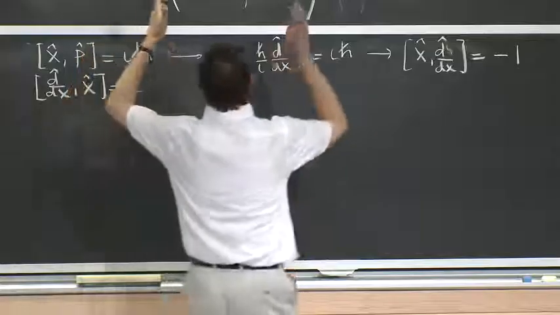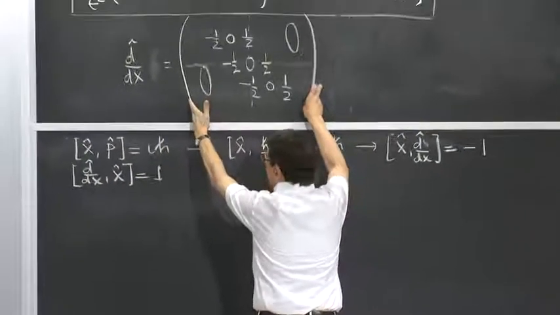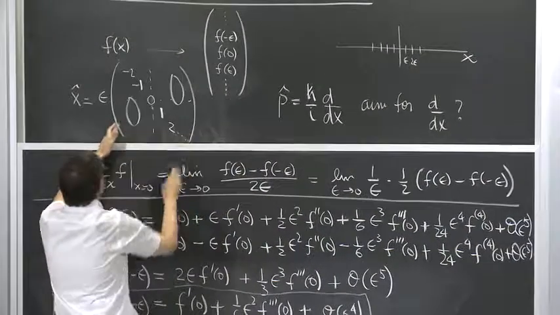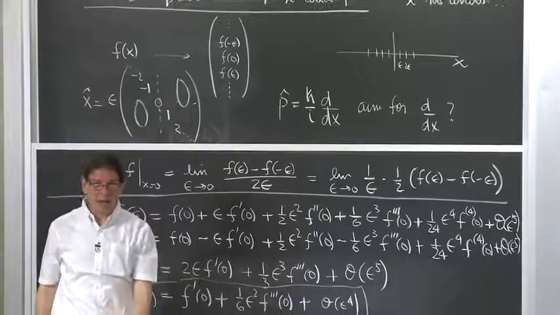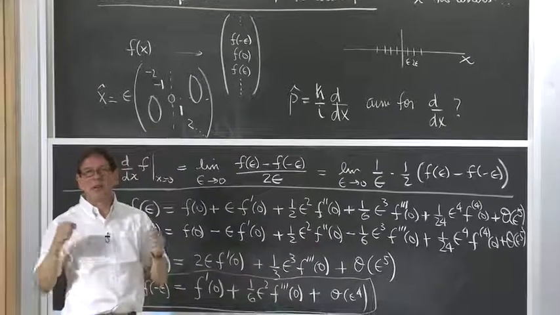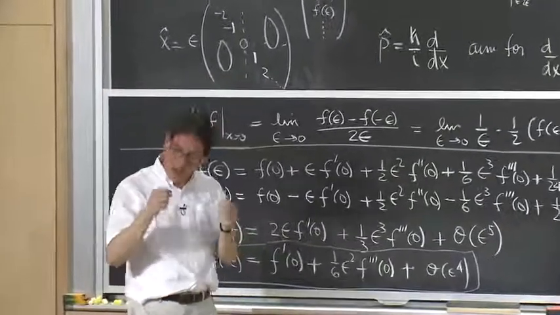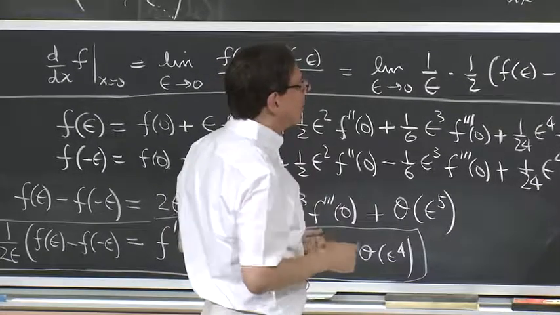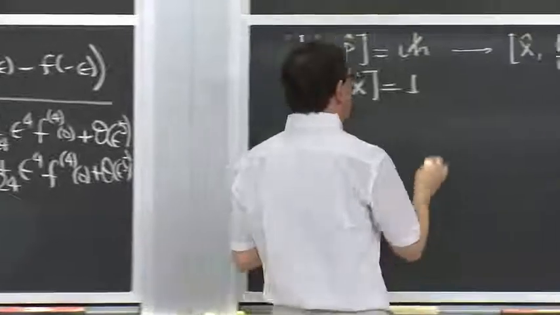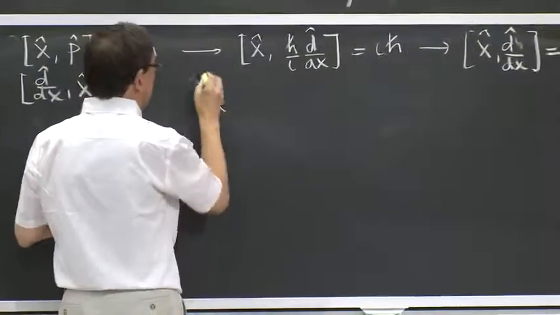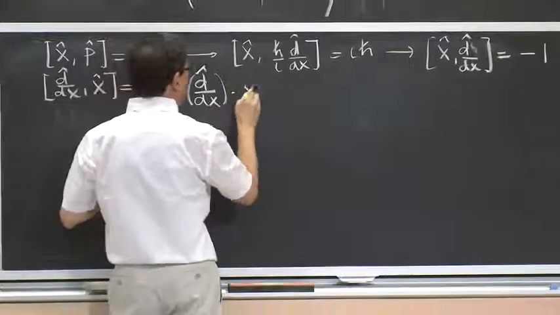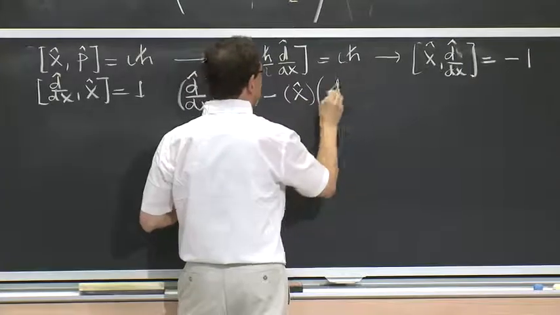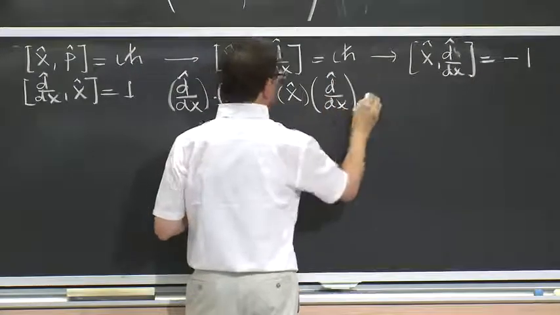All right, if I take this matrix of d/dx and find its commutator with this infinite matrix, what do I get? Do I get a unit matrix? And you will see that the answer is morally yes, but not quite in a way that could be a little confusing when you first see the answer. So what are we supposed to do? We're supposed to do the d/dx matrix, multiply it by the x matrix, then take the x matrix and multiply it by the d/dx matrix, and what do we get?